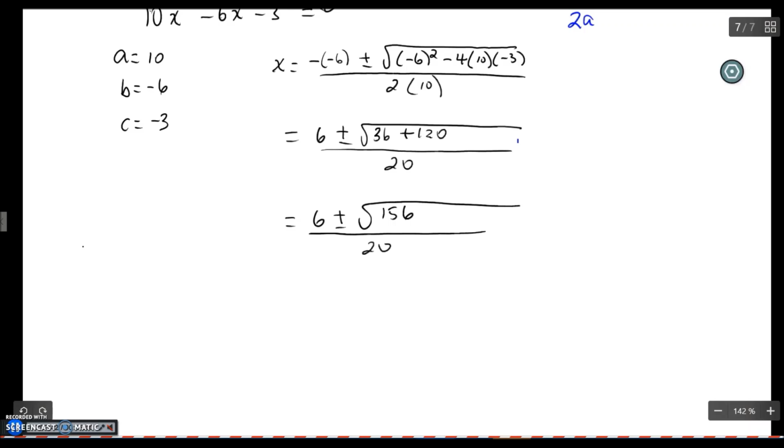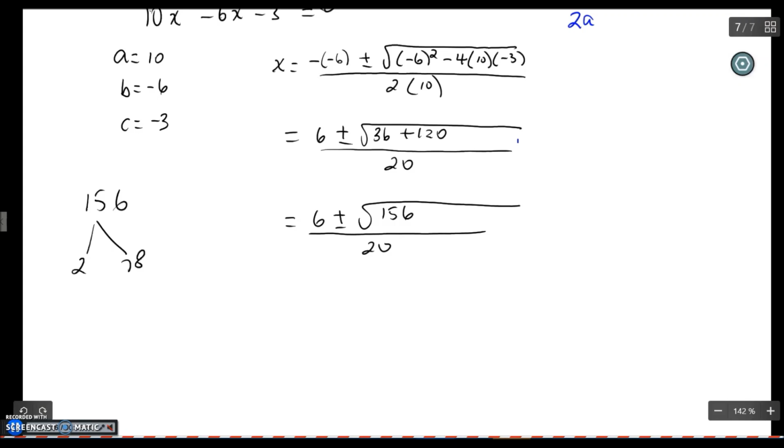All right, now, unfortunately, 156 is not a perfect square, but we want to simplify that radical if we can, and that means we've got to look for perfect square factors of 156. Now, one way to do that is just to use the prime factorization. So let me do that over on the side here. So we have 156, right? And I'm going to break that down as 2 times 78.